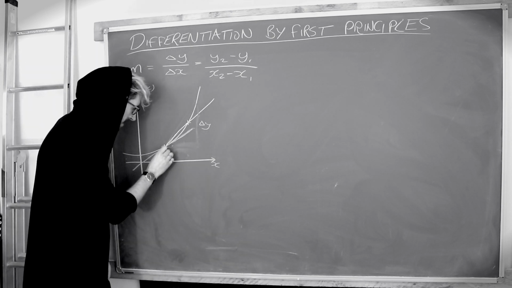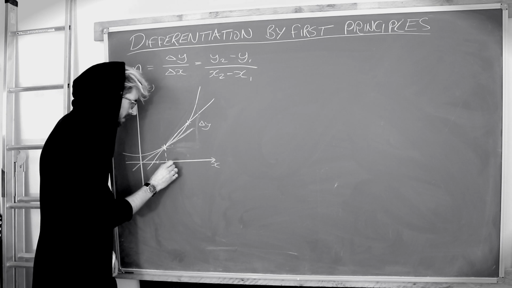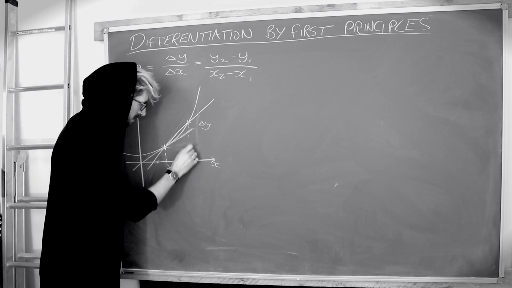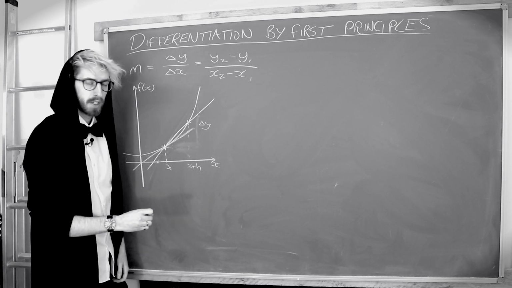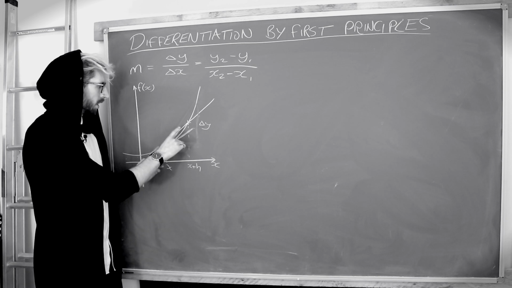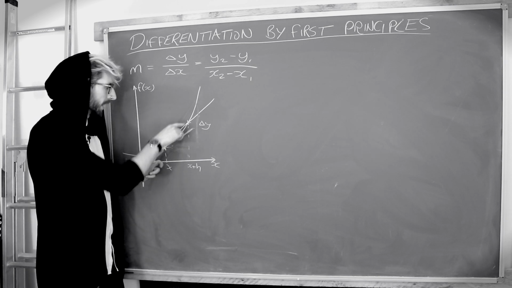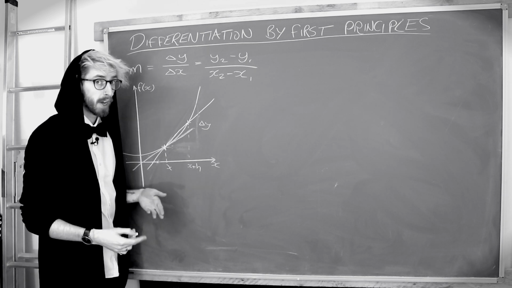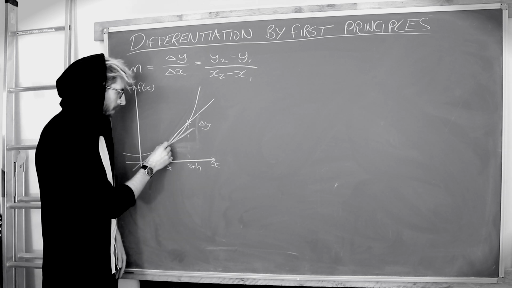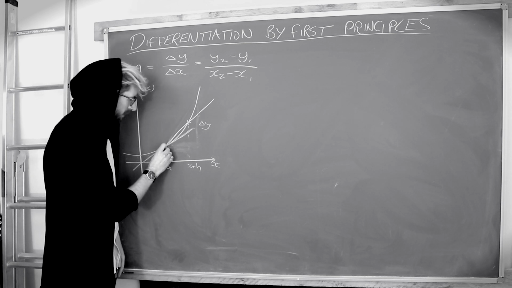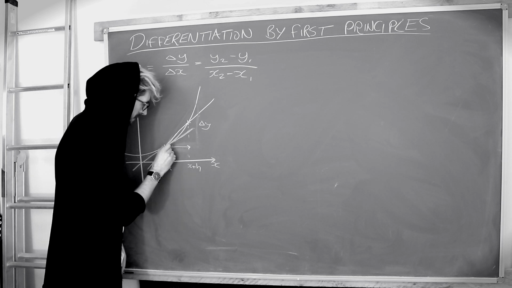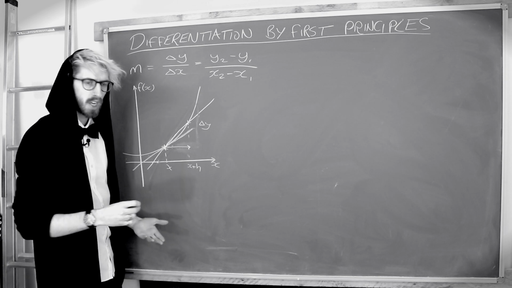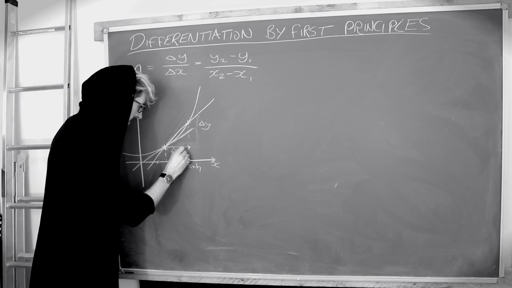We're going to go from x to x plus h. This is just a sketch, by the way. It still doesn't look very accurate, but what we're going to do will be accurate. So we've gone from x to x plus h, which means our change in x is that gap there.